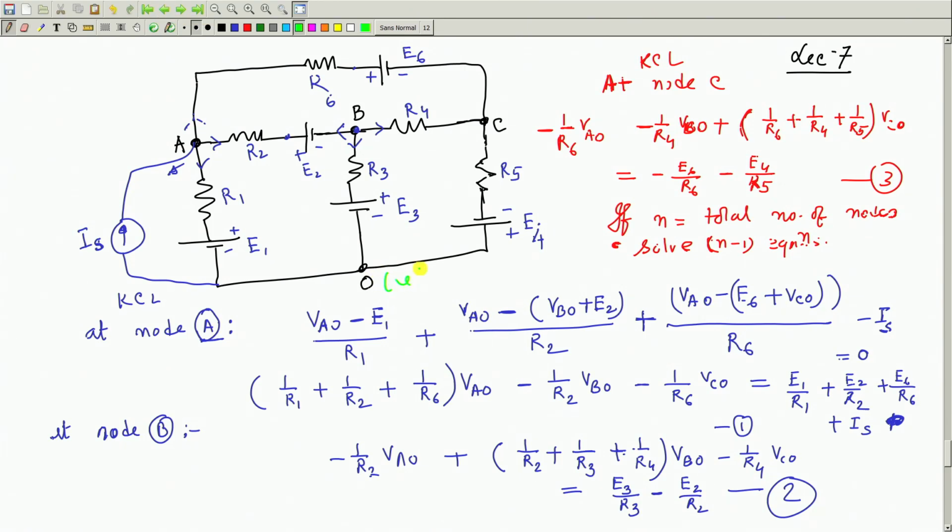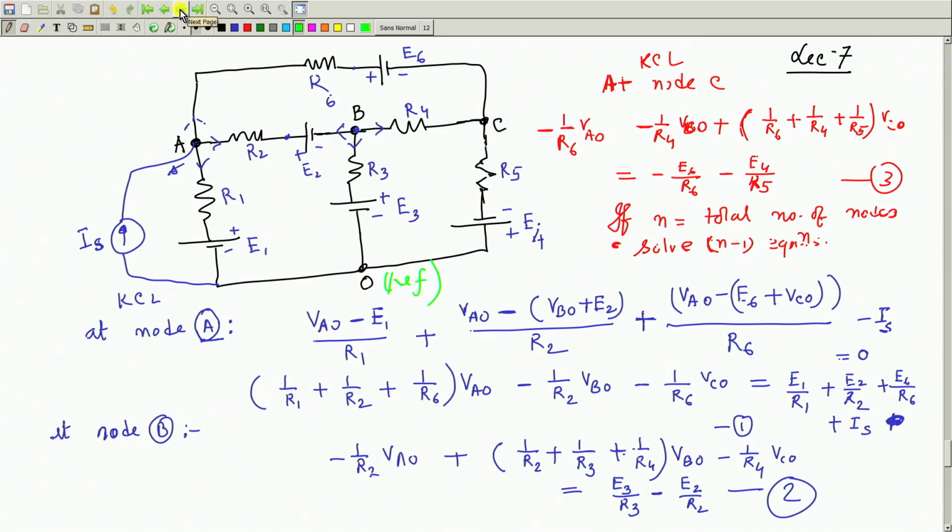This I have chosen as a reference node, and then VA0, VB0, VC0 are to be found out. Coefficient of VA0 will be the sum of reciprocals of all the resistances. Coefficient of VB0 will be the negative of the reciprocal of the resistance lying between A and B nodes, and so on, and the right hand side will be sources. So this is how one can write it down.